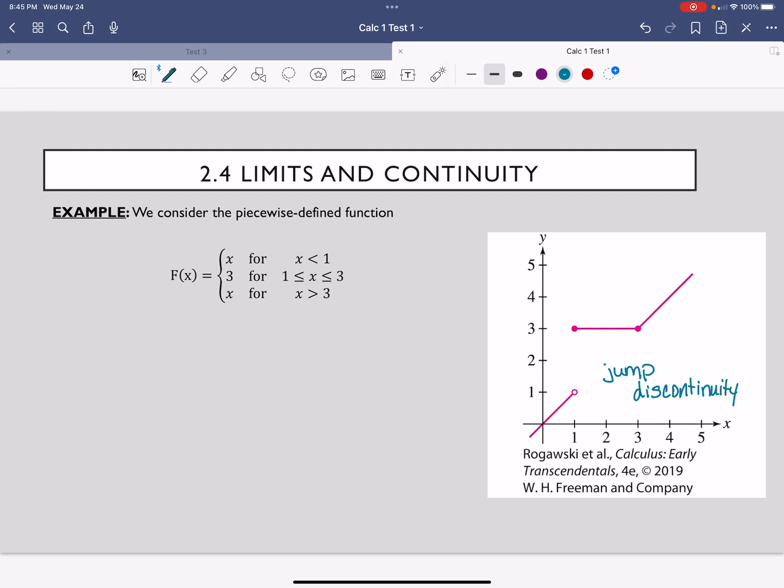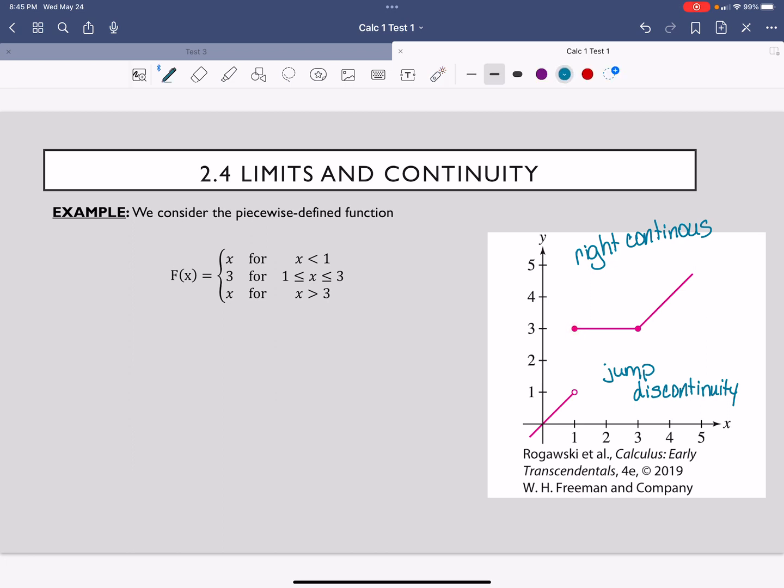Now this would be right continuous at this point right here.